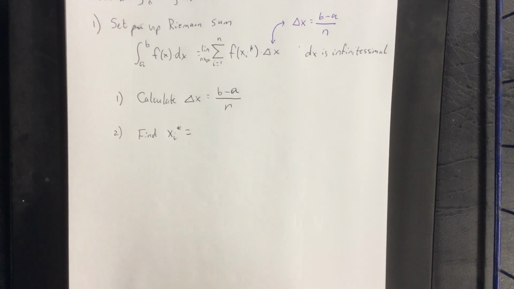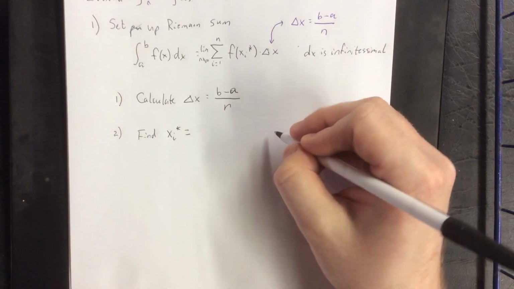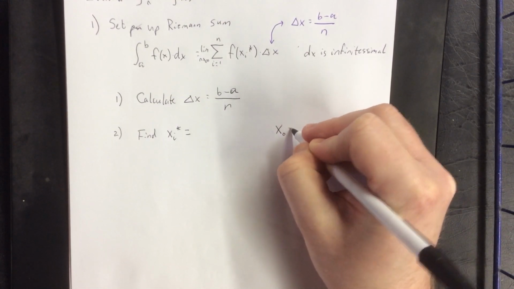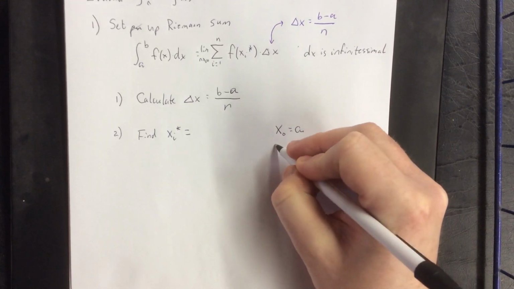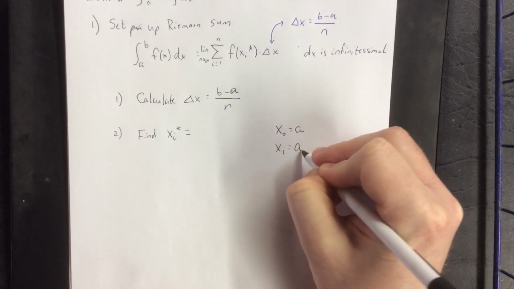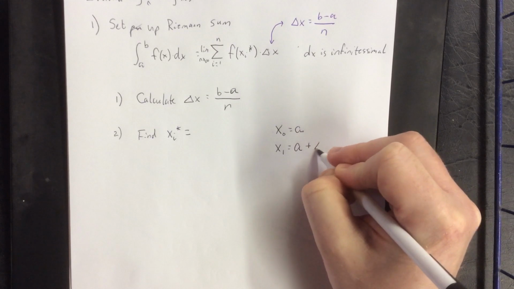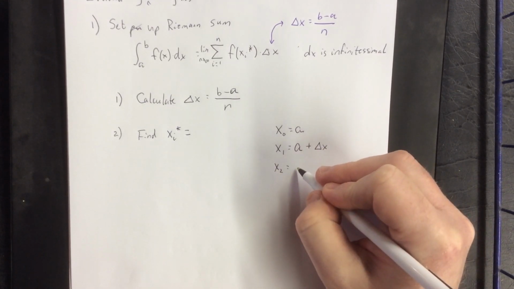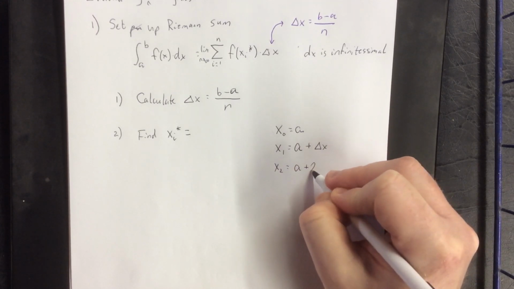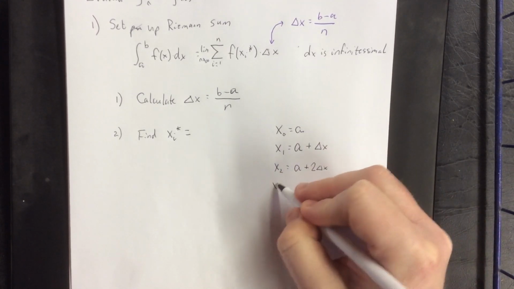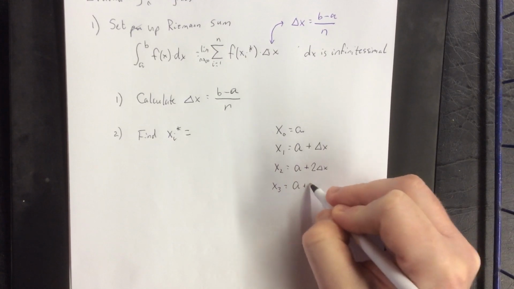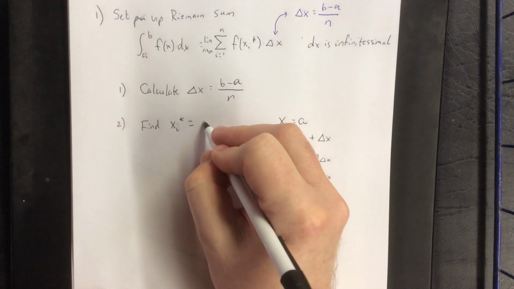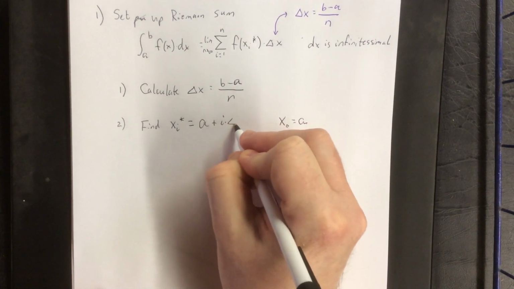I'm going to go with the left endpoint. So x naught will be a, x1 is what we get when we start at a and add on one change in x, x2 is a plus 2 delta x, and x3 is a plus 3 delta x. More generally, this can be expressed as a plus i times delta x.